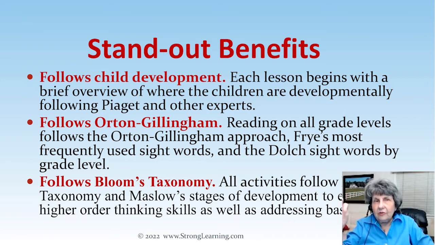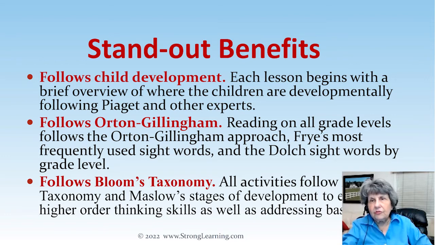But every stage follows where a child would be developmentally and follows Orton Gillingham methodology. And I also used Fry's most frequently used words and the Dolch sight word list. I combined all this as part of the whole program. That's all incorporated in it.